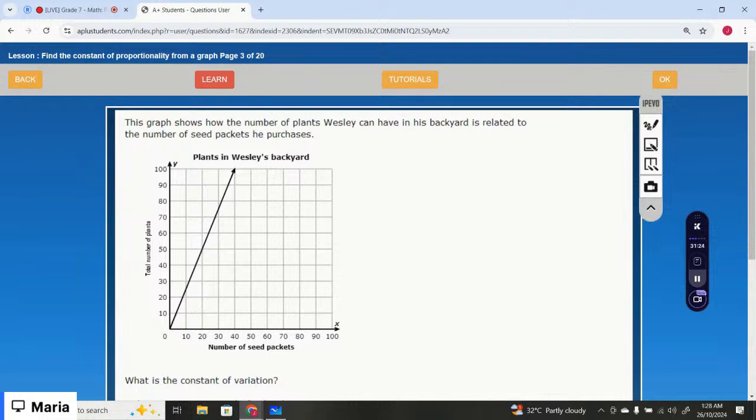This graph shows how the number of plants Wesley can have in the backyard is related to the number of seed packets he purchases. What is the constant of variation?